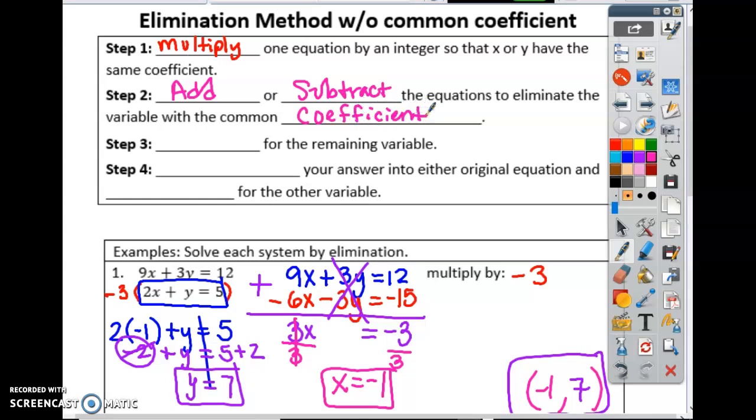Okay, then we solve for the remaining variable. Once we have that answer, we substitute your answer into either original equation and solve for the other variable, which is what we did. Okay, we're going to do example 2.